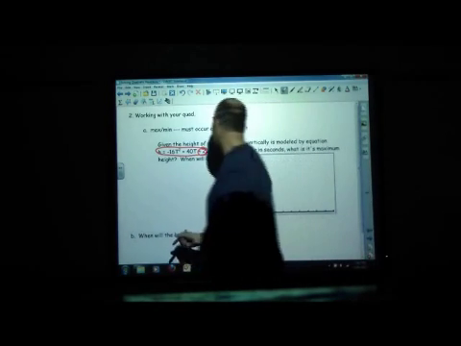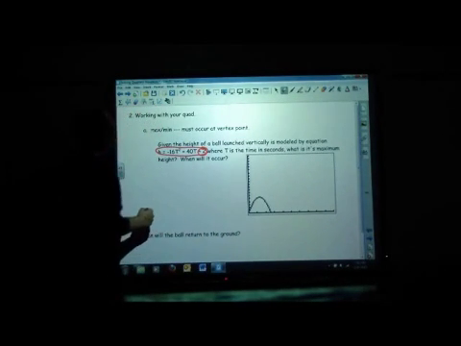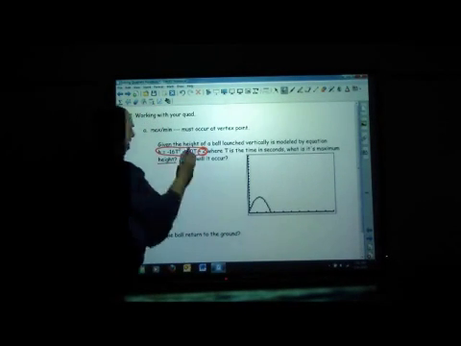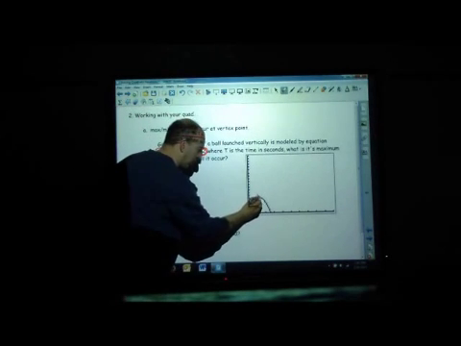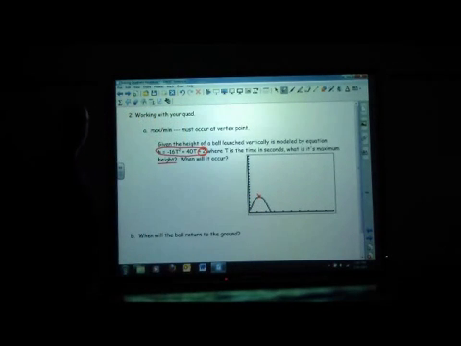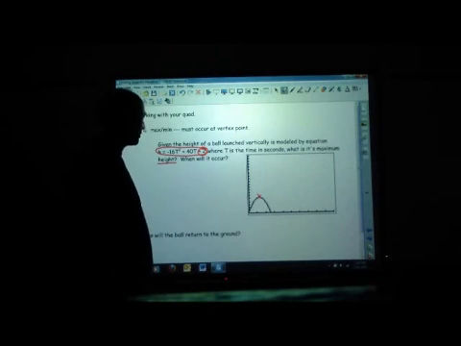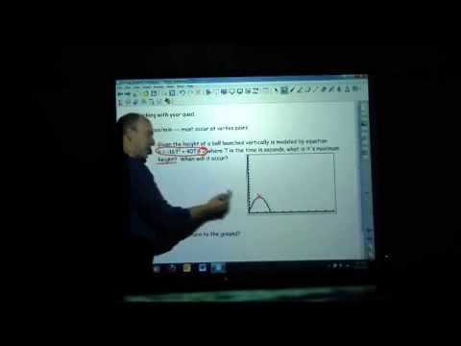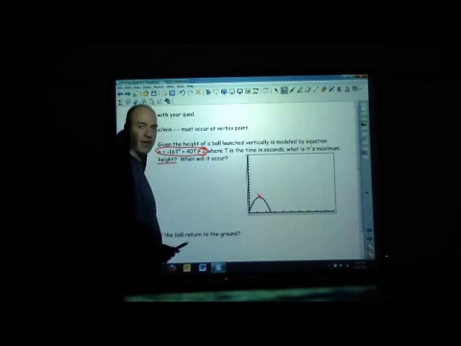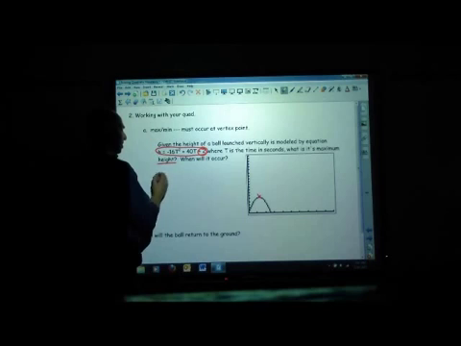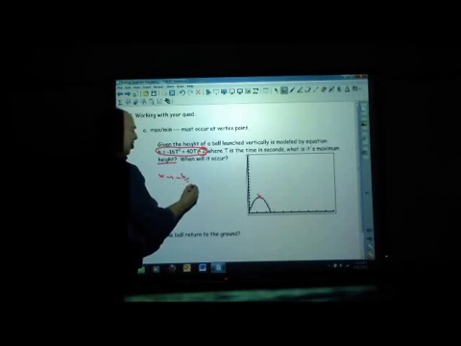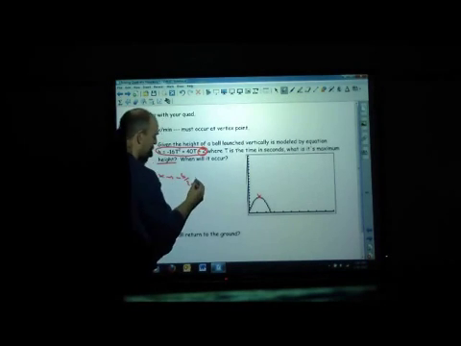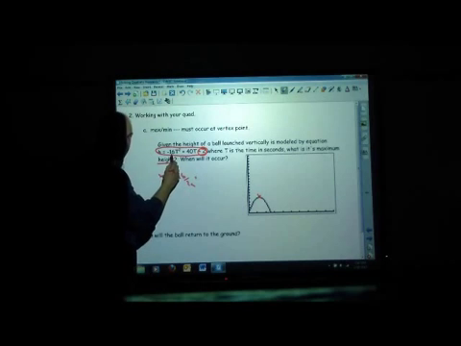So this is a graphing calculator problem. So what is its maximum height? Well, you'd want to go into the calculator and you'd want to find the vertex point. Now you say, Mr. Kohler, I don't know how to do that. Remember what I just said, if it's in standard form, how you can find the x-coordinate of the vertex? Okay, you could take -b over 2a, which in this case would be, this is a, and this is b.